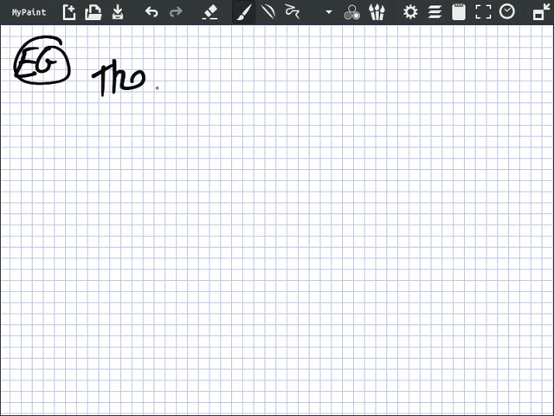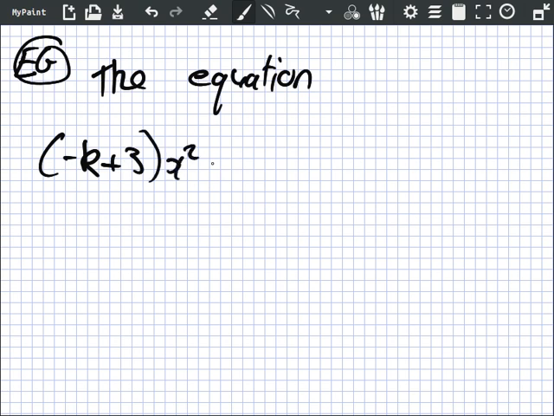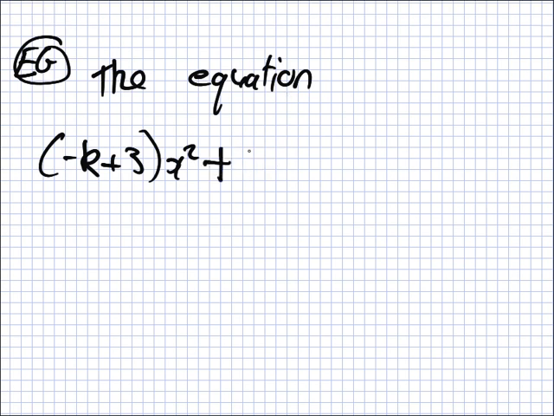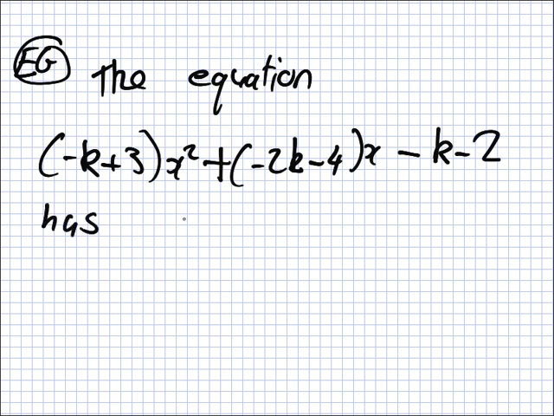So the equation minus k plus 3 x squared, oh sorry, I wrote the wrong sign, plus minus 2k minus 4 x minus k minus 2 has one distinct real root.